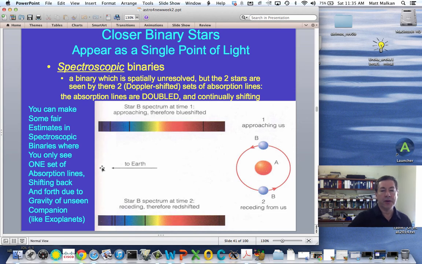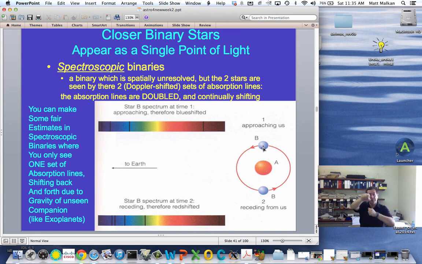Here we are on Earth over here, and, well, this is not a very good drawing. There's a massive star here, A, and then there's a smaller star, B, and at one time in the orbit, B is going to be coming at us, meaning a blue shift. At the same time, the other star, the companion, is going to be redshifted, moving away from us.